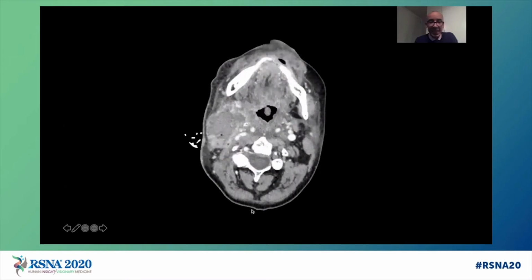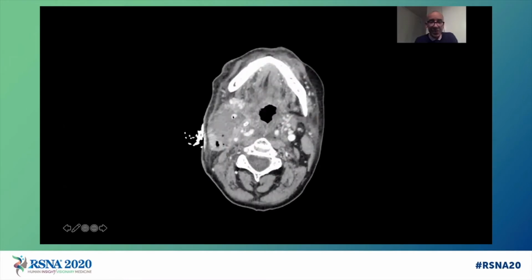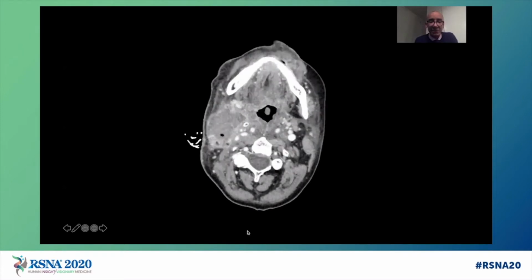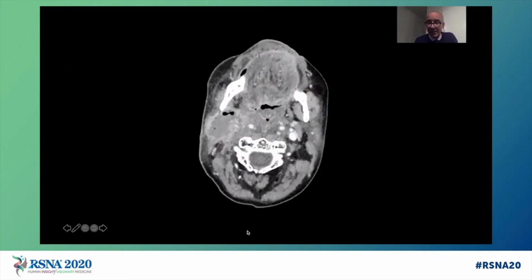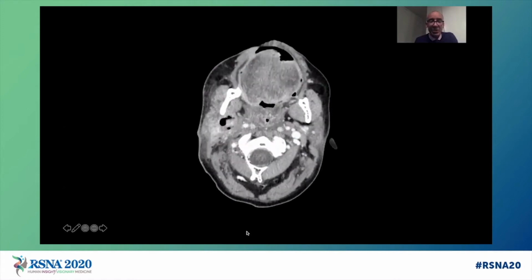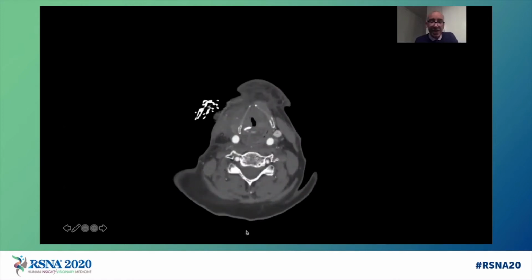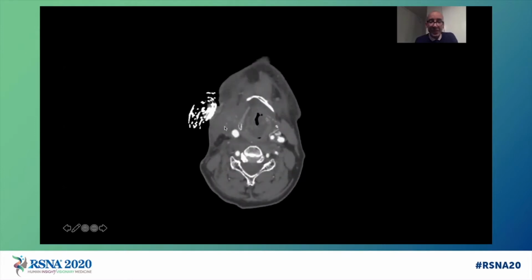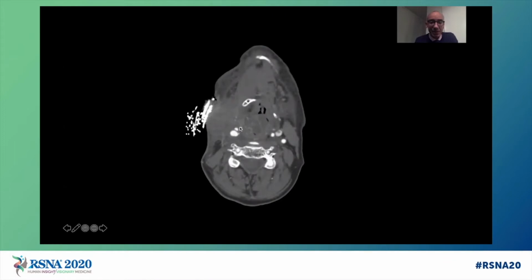And then within this necrotic portion, there is this contrast collection here, which we're going to get a better look at when we look at the arterial phase images from this exam. So now in the arterial phase, we're going to keep an eye on the right side. There's the carotid bifurcation.